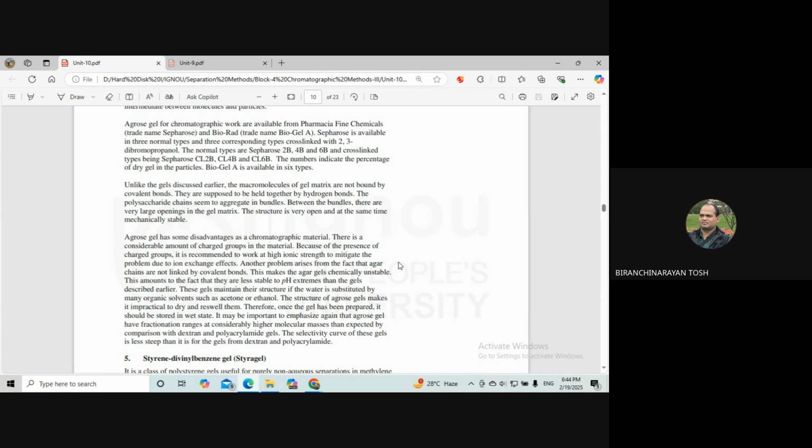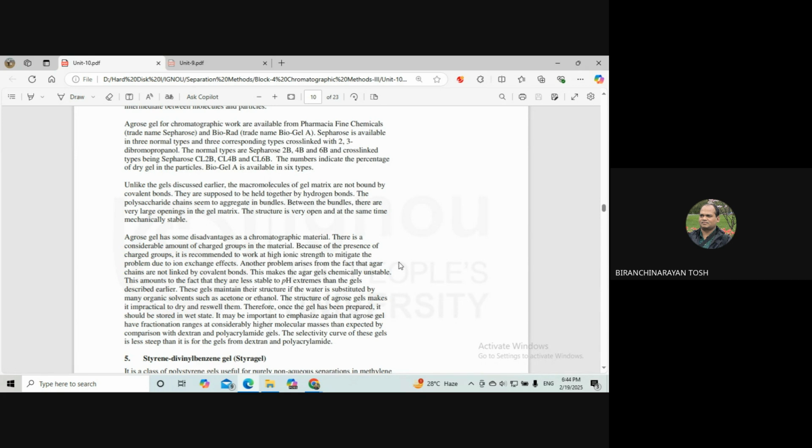Another problem arises from the fact that agar chains are not linked by covalent bonds. It makes the agar gels chemically unstable. So this amounts to the fact that they are less stable to pH extremes than the gels described earlier.